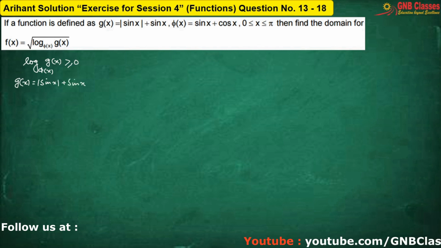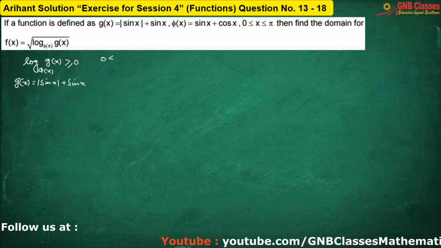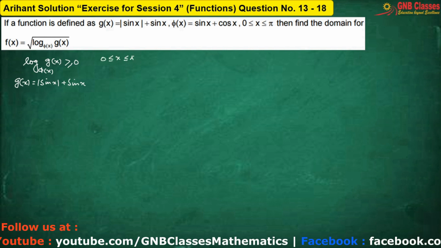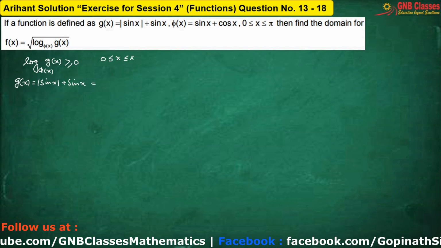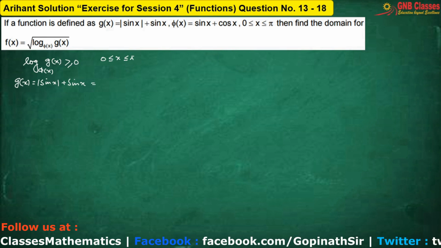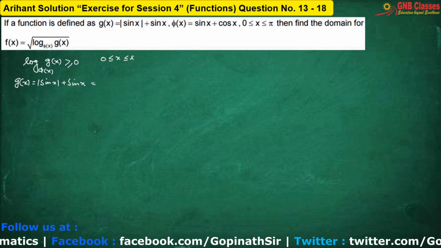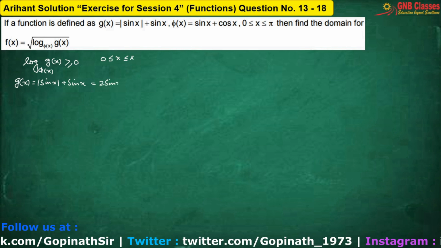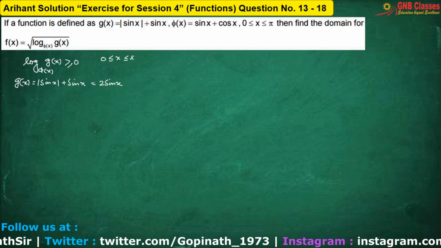Now as they have given that x is lying between 0 and pi, mod of sin x can be simply written as sin x because in the first and second quadrant sin x is positive. So g(x) is nothing but 2 times sin x.